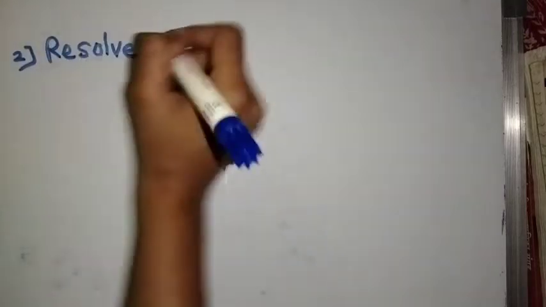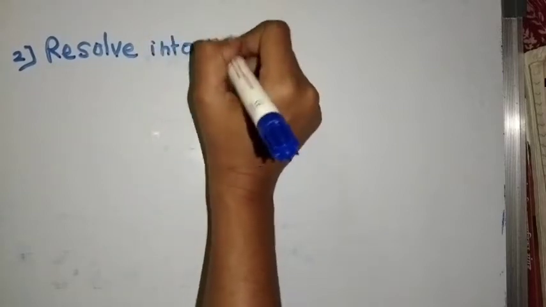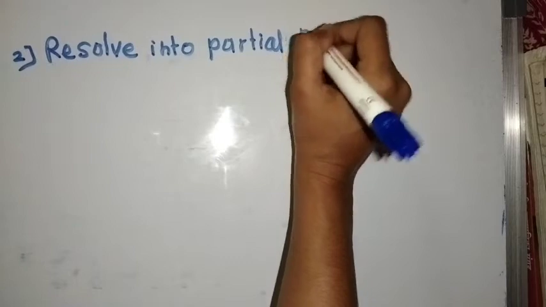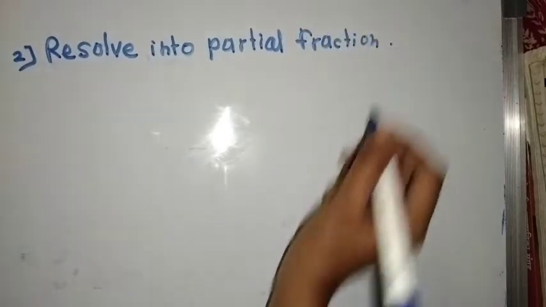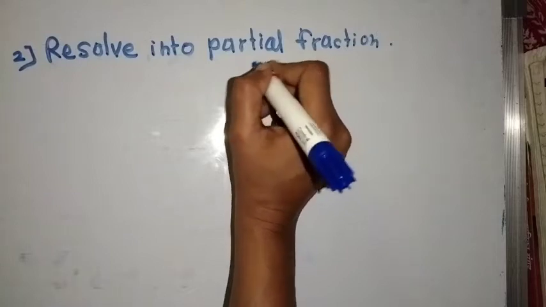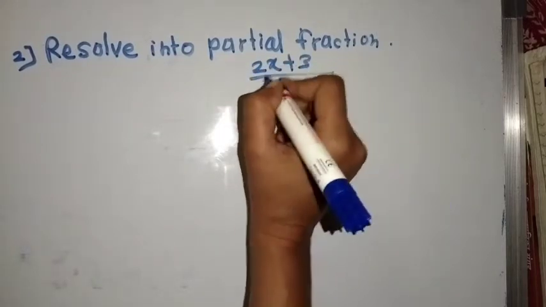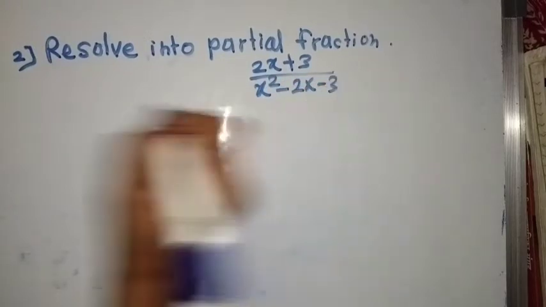Resolve into partial fractions (2x plus 3) upon (x squared minus 2x minus 3).